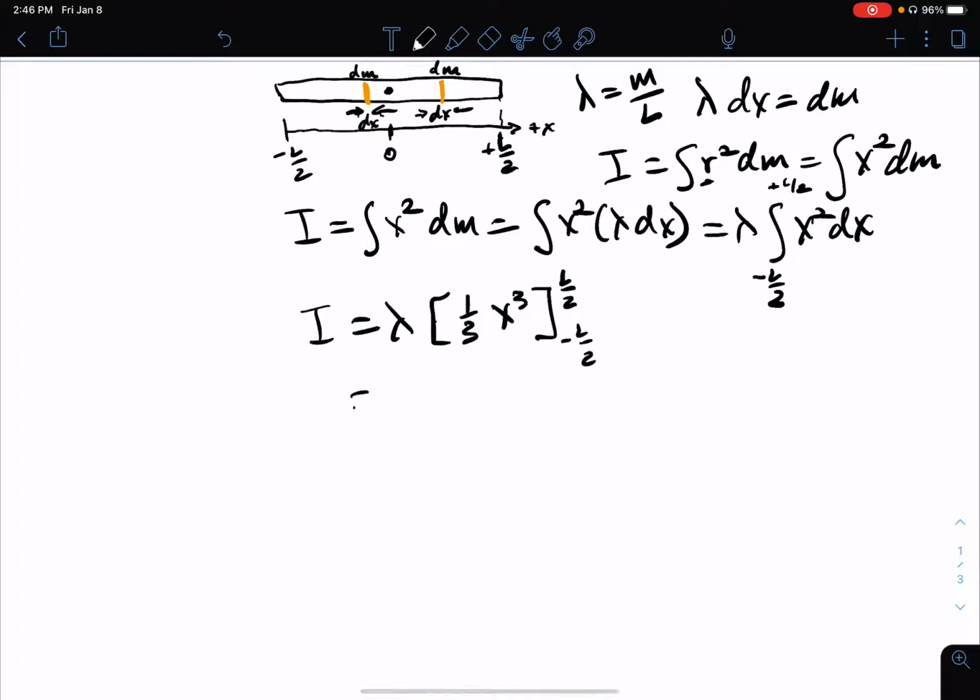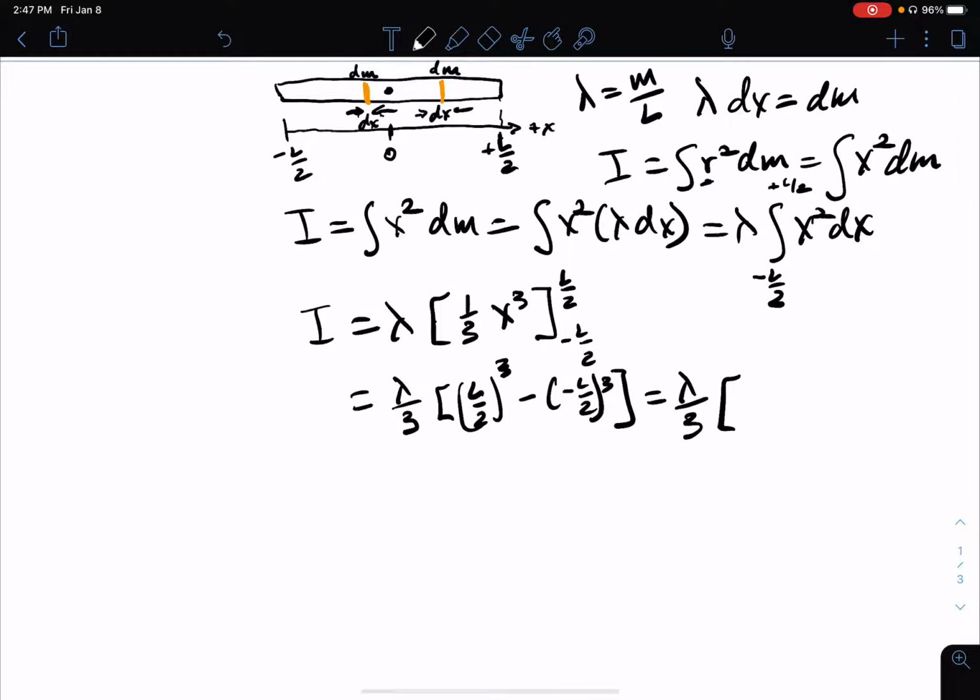So how does that change things? I'm going to factor the 1/3 out, and then we'll have L over 2 cubed minus negative L over 2 cubed. That's a cubed, by the way. That didn't get much better. Still looks messed up. So let's carry out some math.